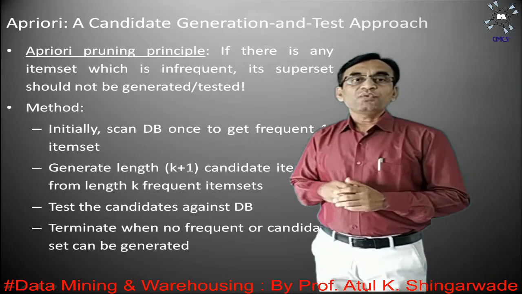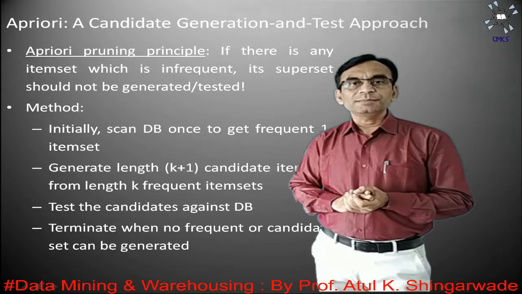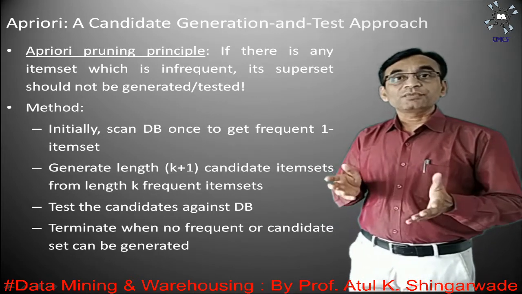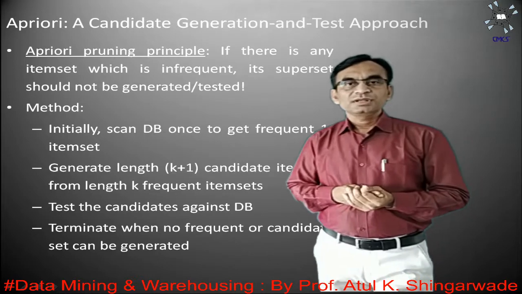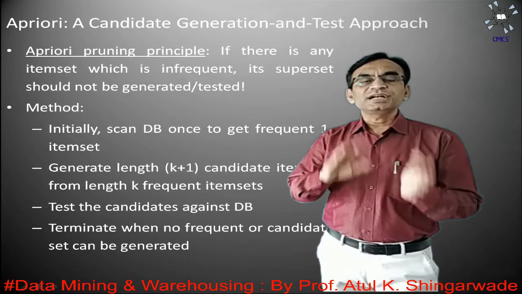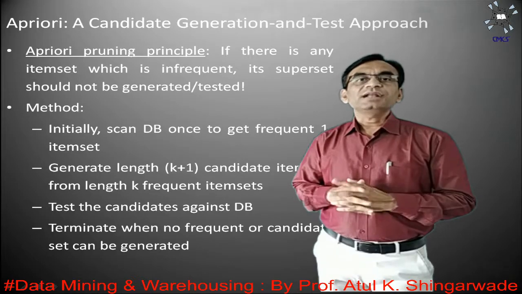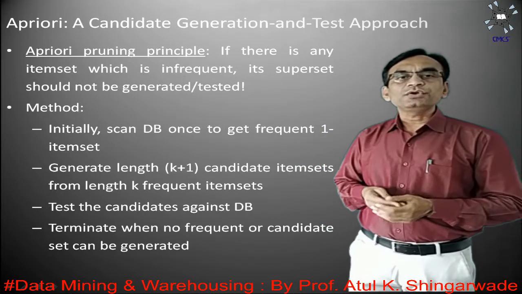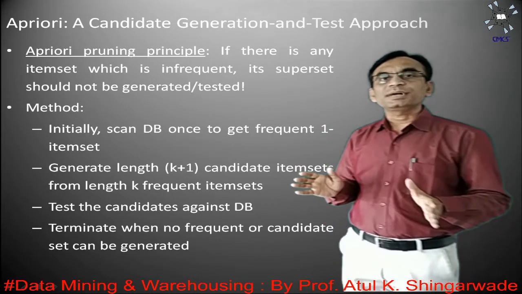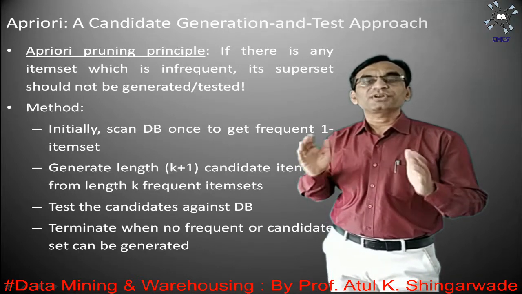While applying the a priori algorithm, we have two steps. Step number one is called self-joining. Here the items from the item set get joined with each other to form different patterns. In the second step, we prune those items. Pruning is the process of removing those data items that do not occur frequently.